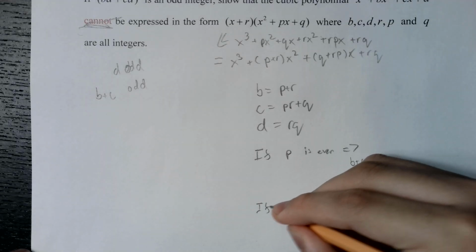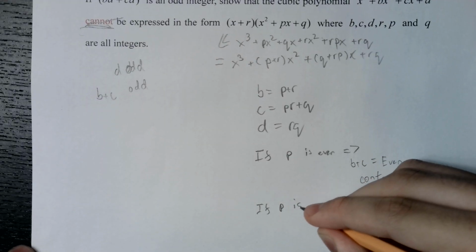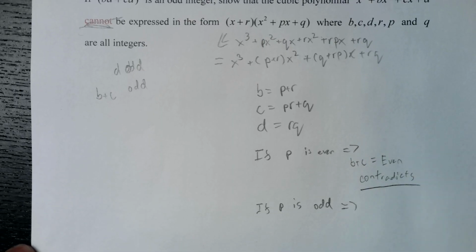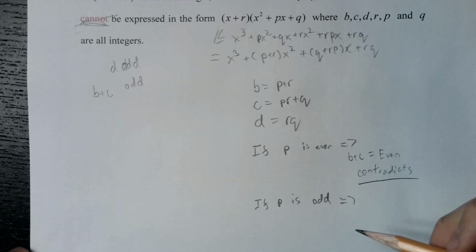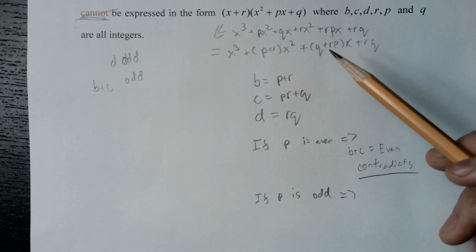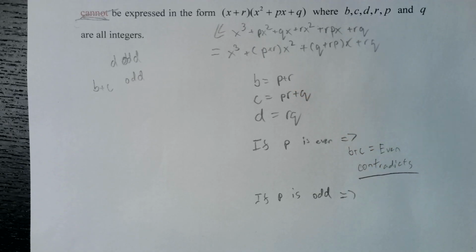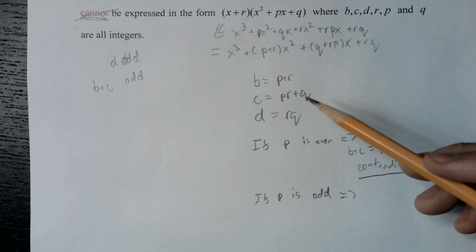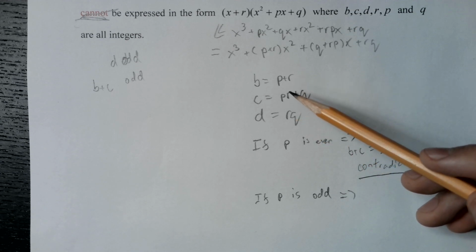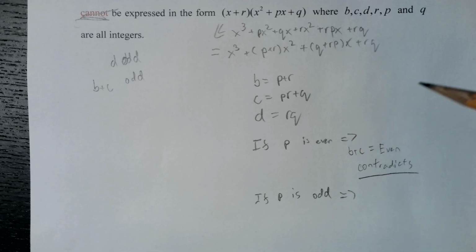What if p is odd, right? Similarly, let's say p is odd. So this means that p plus r is an odd integer plus an odd integer, which would be even. So b is even here. Similarly, r we know is an odd number, and an odd number times another odd number is still going to be an odd number.